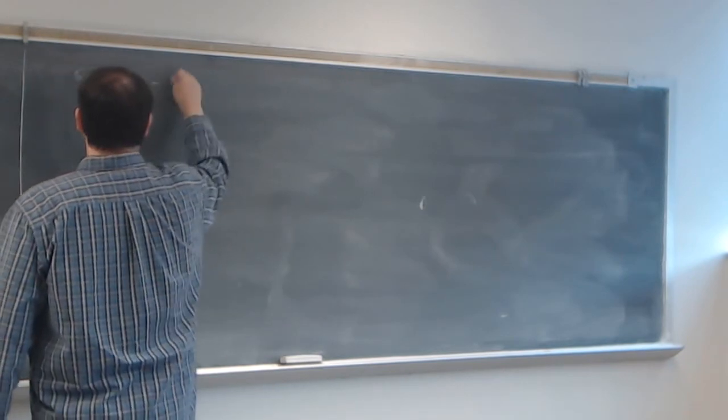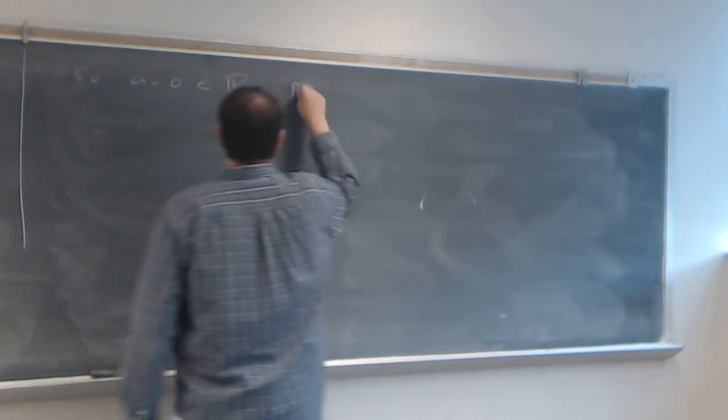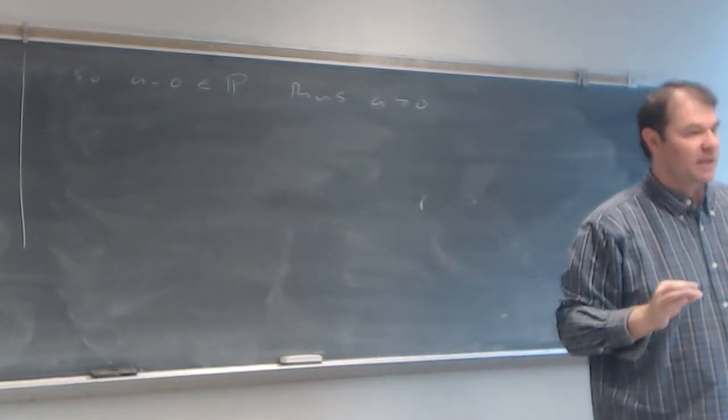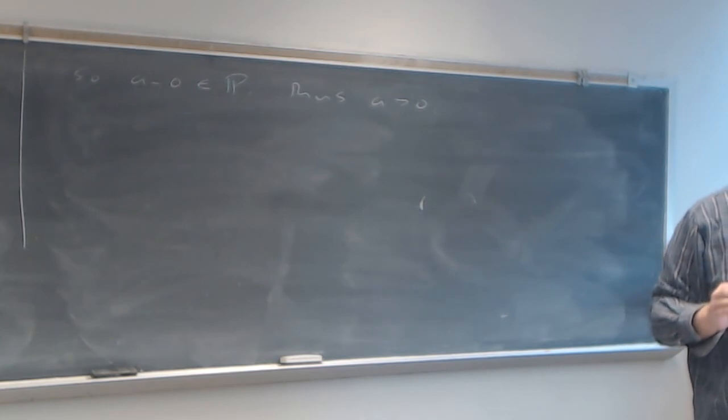So that says that A minus 0 is a positive number, thus A is greater than 0. I've proven half of this statement. Remember, it's an if and only if statement. I've proven one half.